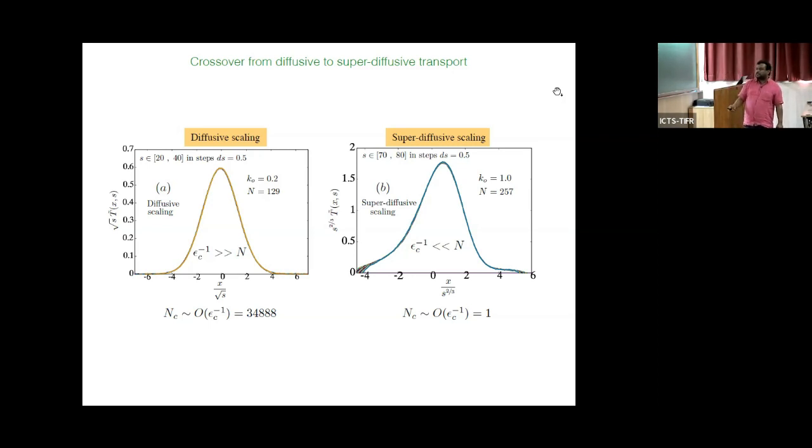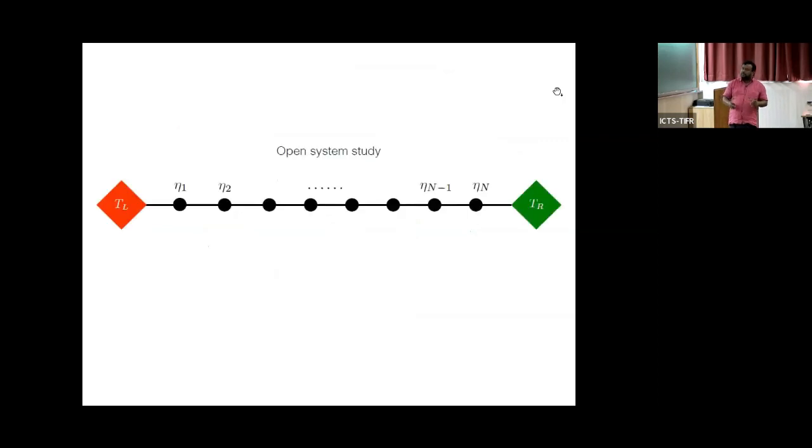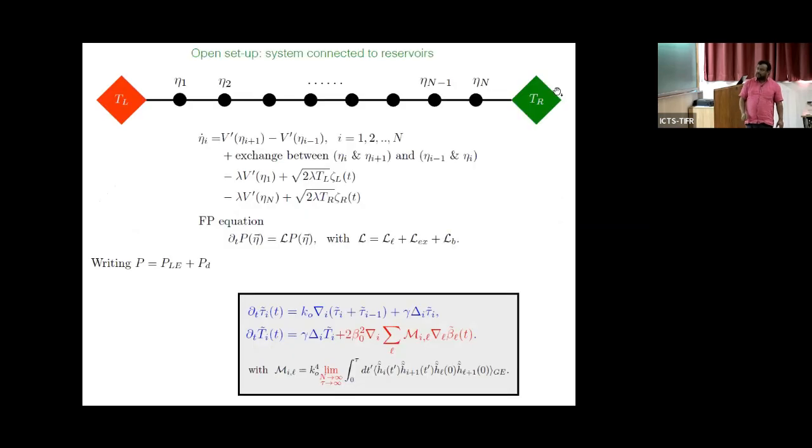Whereas in this case, the crossover length is very small, and you see a super-diffusive scaling for the spreading. But such a crossover is more easily demonstrated in an open system study, where you attach reservoirs to the ends of the system, and those reservoirs are modeled by Langevin reservoirs, and you follow the same procedure.